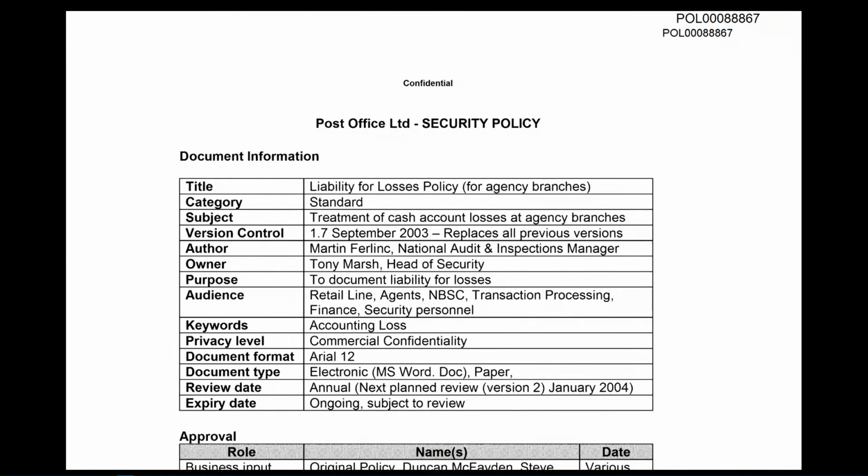And you recall this document, you were asked a number of questions about it. Mm-hmm. The matters that I just want to draw to your attention, just as a reminder, this version is dated, it seems, 7th of September 2003. You'll see that, the fourth entry down, thank you. And that author is you, Martin Ferlinc, National Audit Inspections Manager, and its owner is described as Tony Marsh.